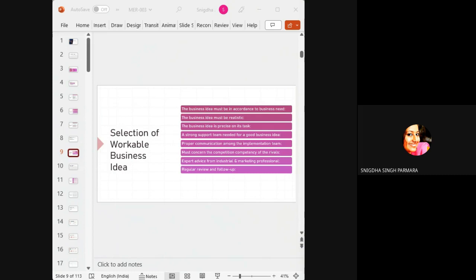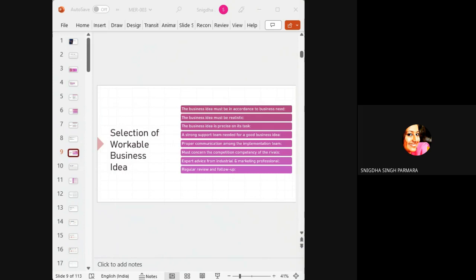A strong support team is always needed for a good business idea, because the entrepreneur cannot do everything on his or her own. The success of a business depends to a great extent on how well the ideas have been executed. And who's going to execute an idea? You might have an excellent business idea, but you might yet fail because the execution was not good. Who's going to implement that business idea into the organization?